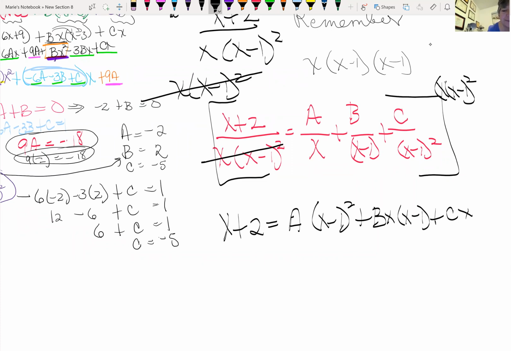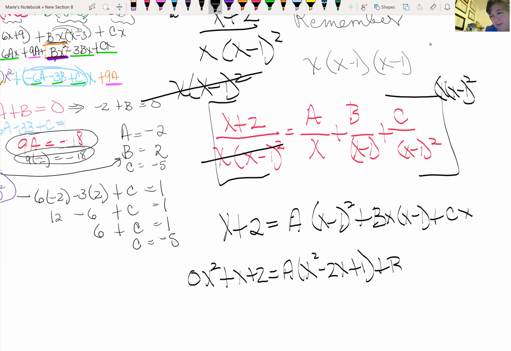When you do that, you have to remember, because you have a square, you're going to end up with 0x squared plus x plus 2 is equal to a times x squared minus 2x plus 1 plus bx squared minus bx plus cx.